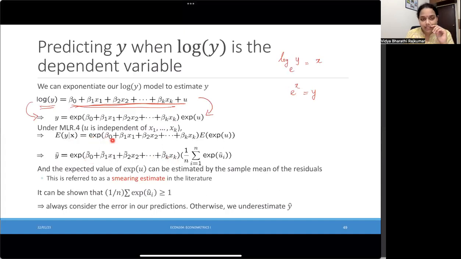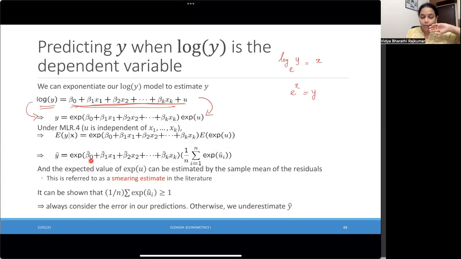I just take the expectation operator. The expectation operator will not apply to any of the x variables. It will go directly only to the error term because we're talking about the population here. So expectation is the population average. The sample analog is given by y hat.